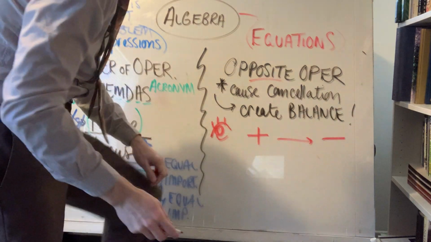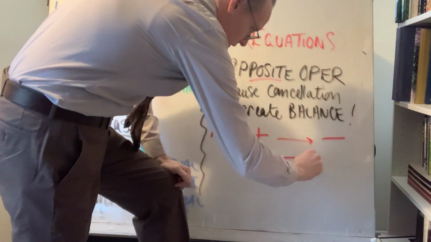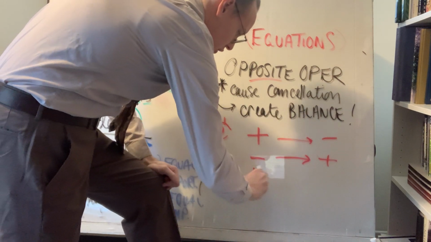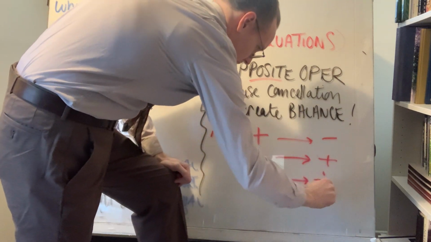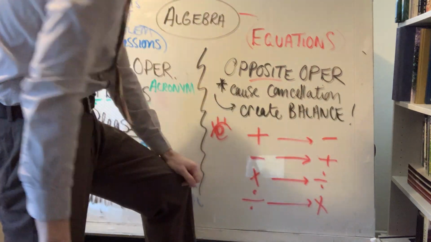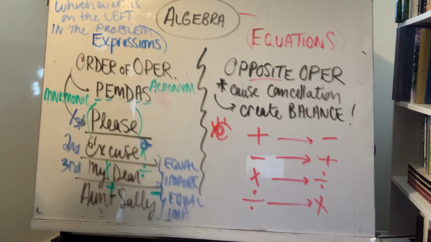All right? If you see subtraction, then you end up often doing addition. If you see multiplication, then you end up dividing. And if you see division, then you end up multiplying. It's like that for more complicated operations as well, like exponents.